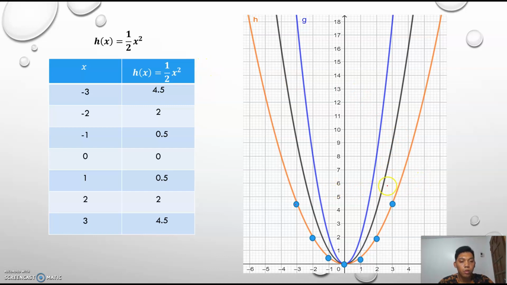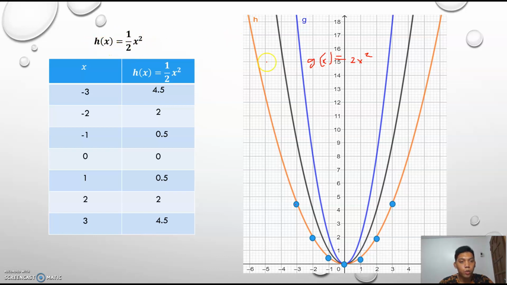For the blue graph, our function is g of x equal to 2x squared. If you have noticed, it's much closer to the y-axis; it's getting narrow.